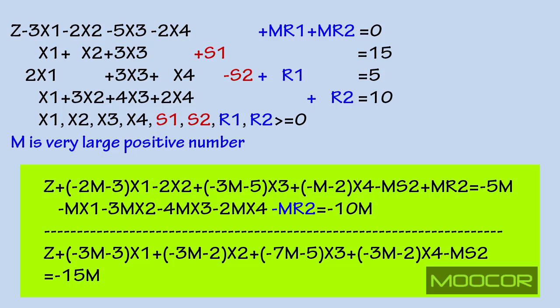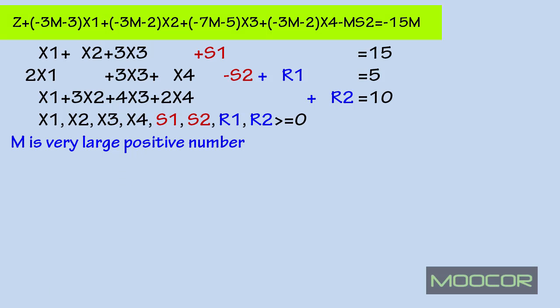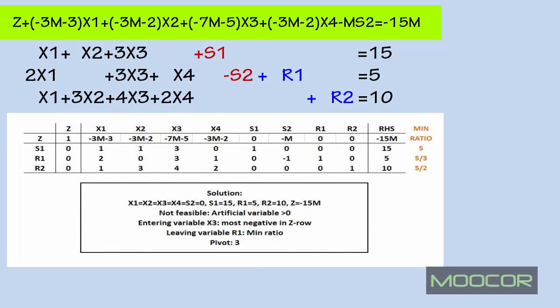So basically, this is the new form of the problem. I can enter them into my first simplex tableau. The solution is identified. This is not a feasible solution because artificial variables are present in the basis and they are positive.